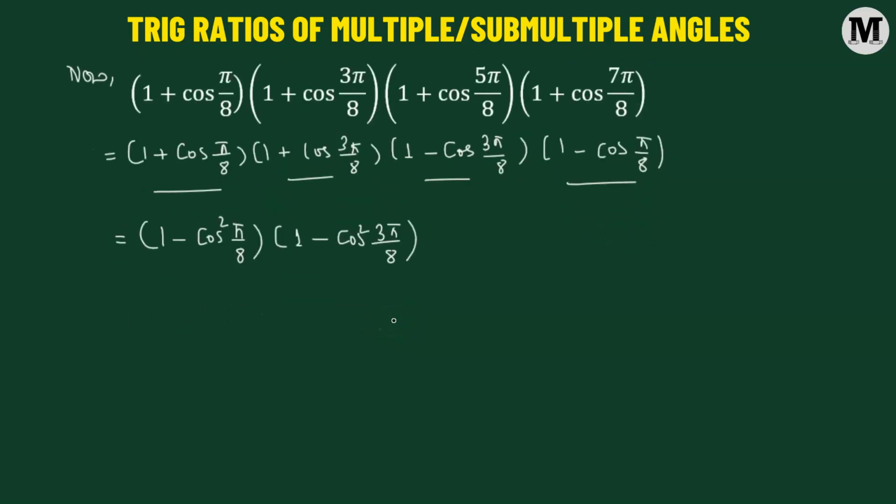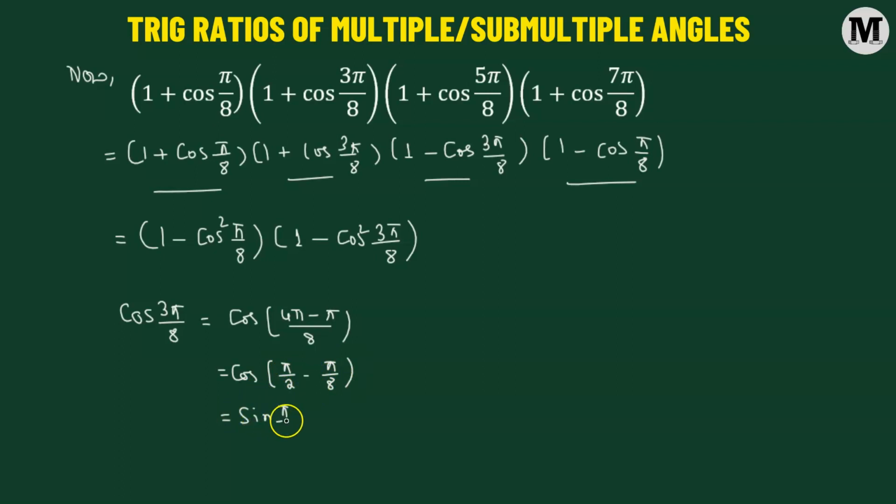So let's start with cosine 3 pi over 8. Cosine of 3 pi over 8 can be expressed as cosine of the angle 4 pi over 8 minus pi over 8, where 4 pi over 8 becomes pi over 2. Now cosine of pi over 2 minus pi over 8 is actually the sine function.